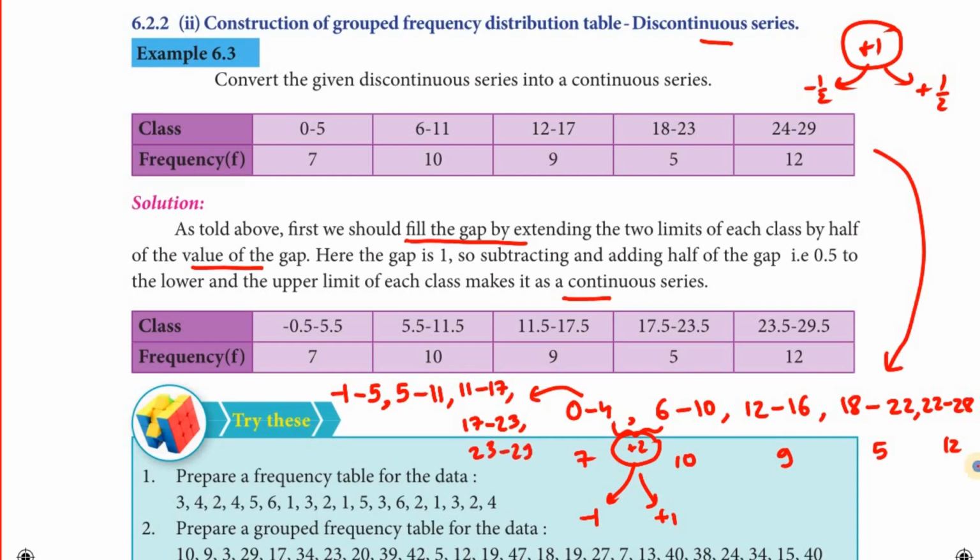Sorry, this one would have been 24, not 22. So 24 minus 1 is 23, and 28 plus 1 is 29. The data would have been the same. I have just given you yet another example of conversion from discontinuous to continuous.